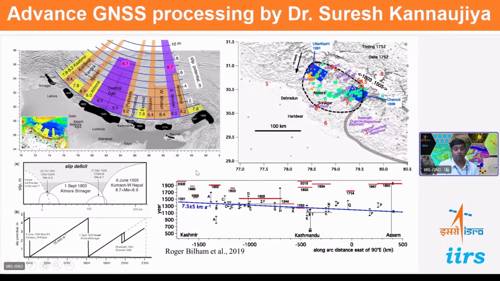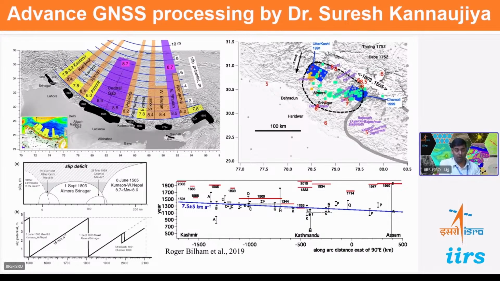Okay, and this is the information for Kumaon Garhwal. Here two earthquakes occurred in the instrumental era, in 1991 and 1999. Magnitudes 6.3 and 6.7 occurred, and the big earthquake occurred in 1803.